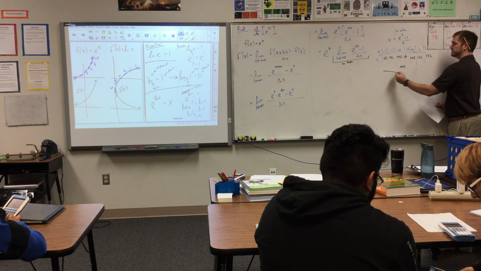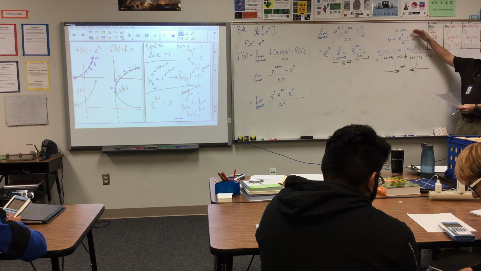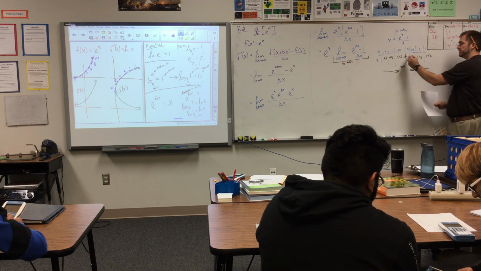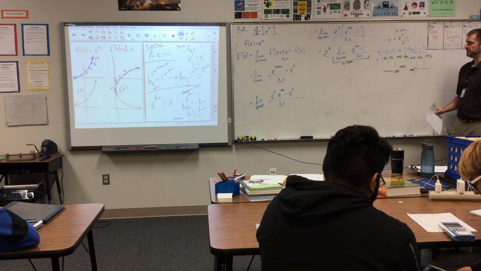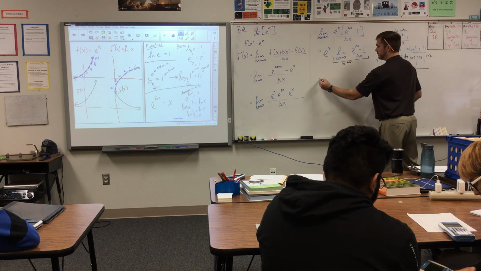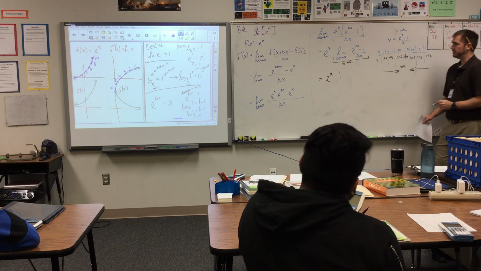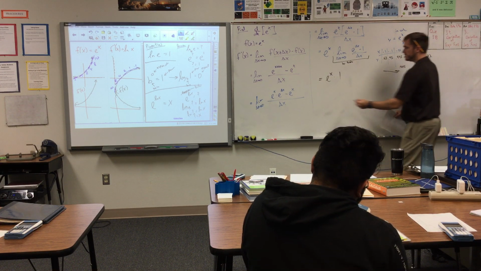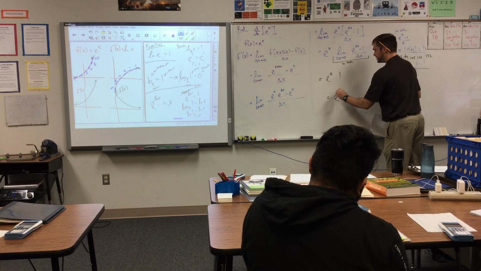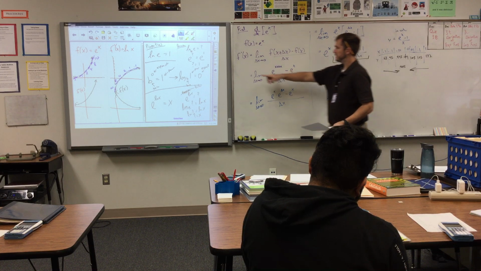So class, what does it seem like this expression is approaching? 1. I agree, from the left and from the right, we're approaching 1. So e to the x times 1. That's pretty handy. So wait a second. On the right hand side I have e to the x. What's on the left hand side? F prime.